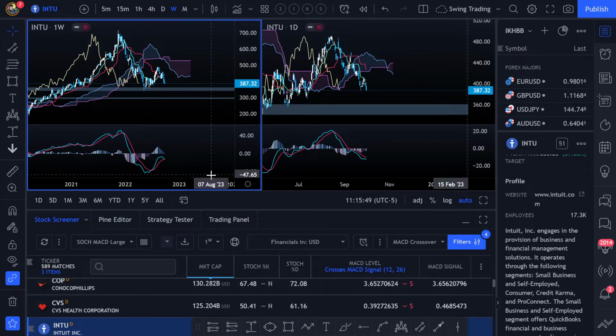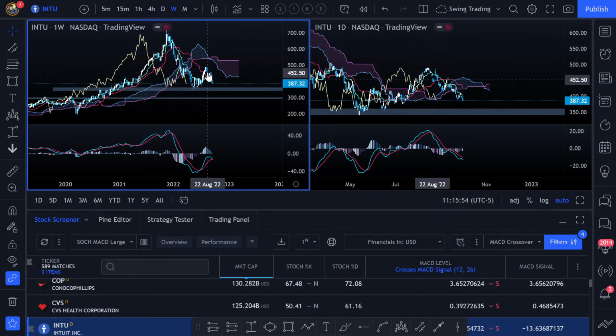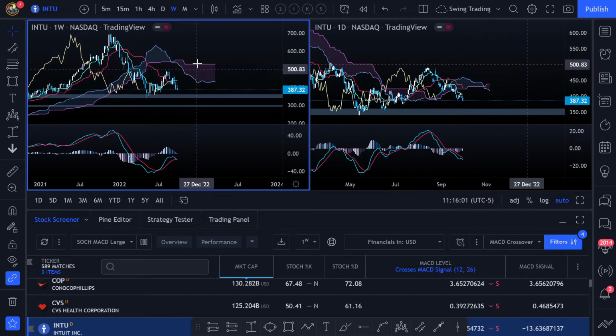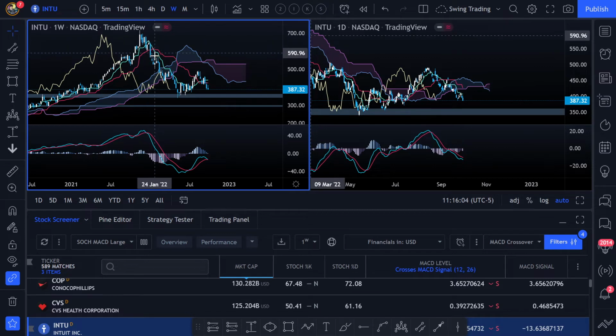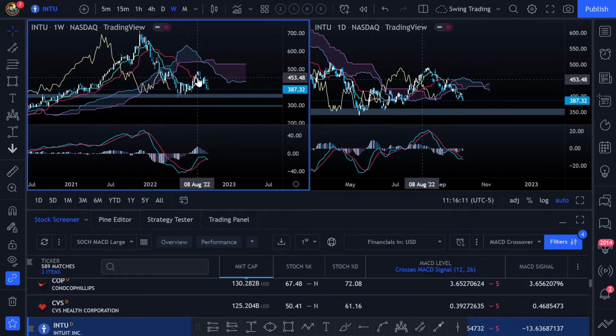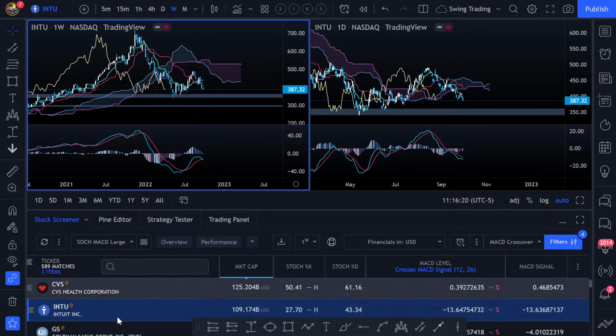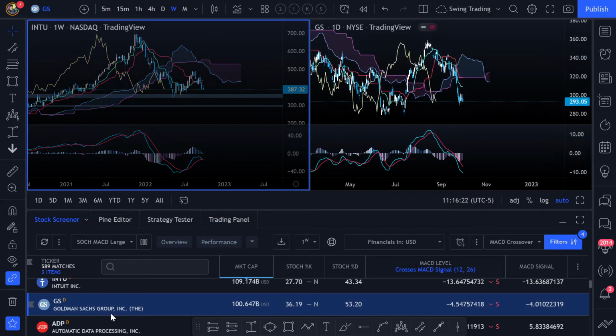Well, I think it makes sense that the price is going lower because interest rates are being raised by the Federal Reserve, so credit is getting more expensive. So I think this sort of business has a high impact because providing credit gets more expensive, so you have fewer customers. So, next one, Goldman Sachs.